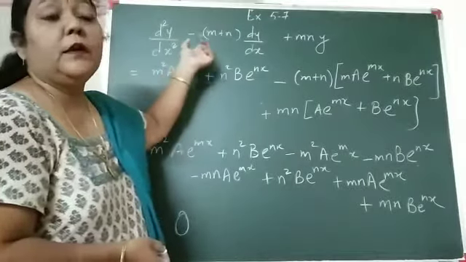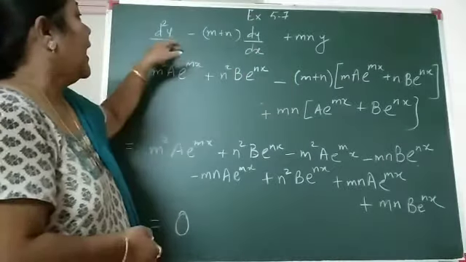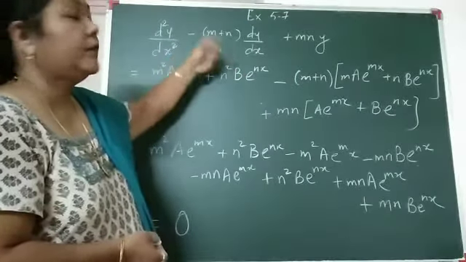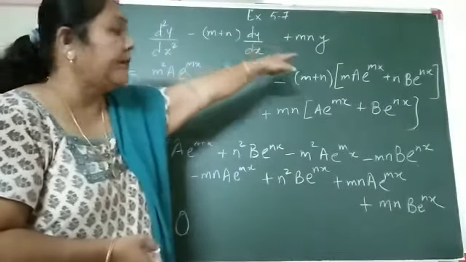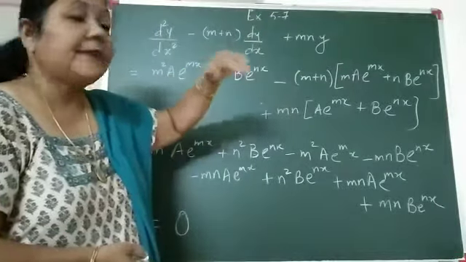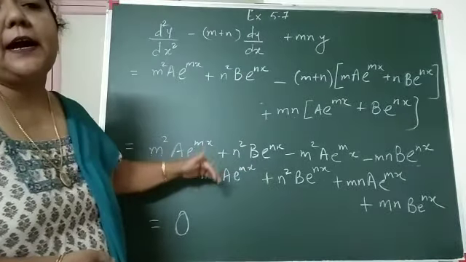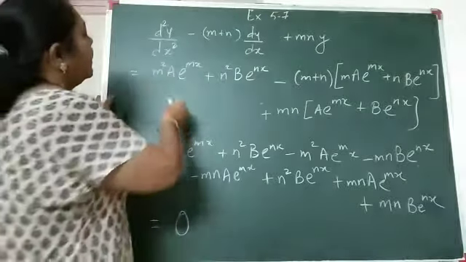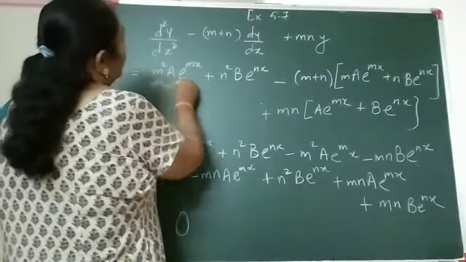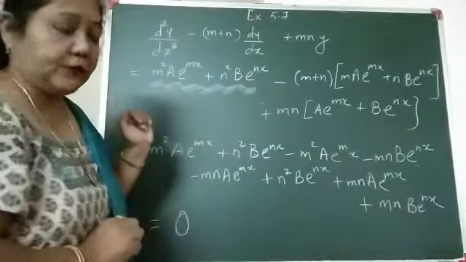Okay, now the question we have to further solve is, I have to put my values of d squared y upon dx squared and dy by dx and y over here. If I substitute all these values in my LHS, I should get my RHS to be 0. So let me put the value. This value is the value for d squared y upon dx squared.